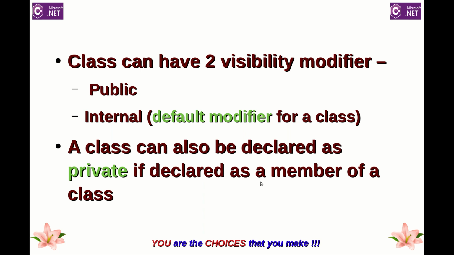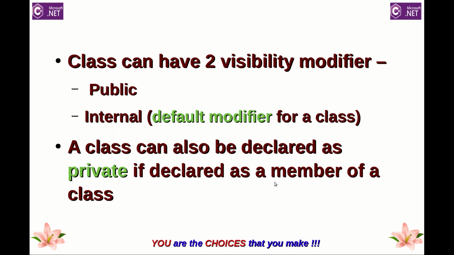We have already seen nesting of classes. When we discussed nesting of classes, inside a class you can declare another class as a member. That member can be declared as a private class, whereas if you are declaring it as an independent class, it can hold only public or internal.